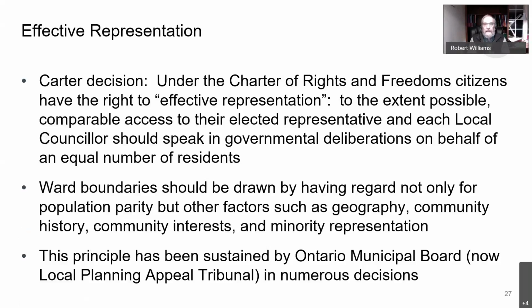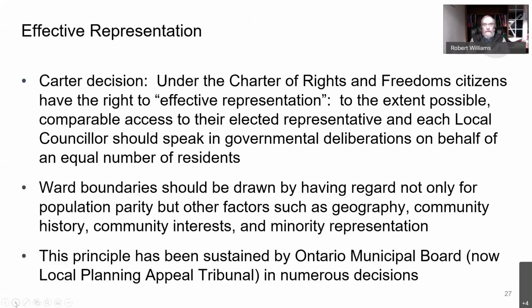And on the other side of it, each local councillor should speak in governmental deliberations, and I should probably add, vote on behalf of an equal number of residents. Again, the Carter decision is in effect saying it's about making sure that when that councillor puts up his or her hand to vote, they're representing roughly the same number of people.